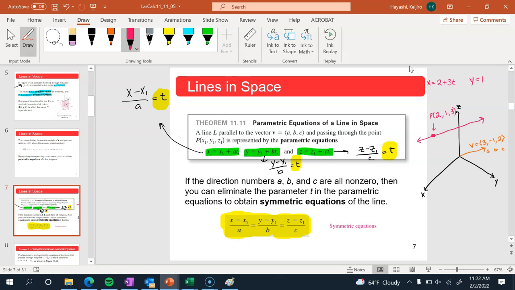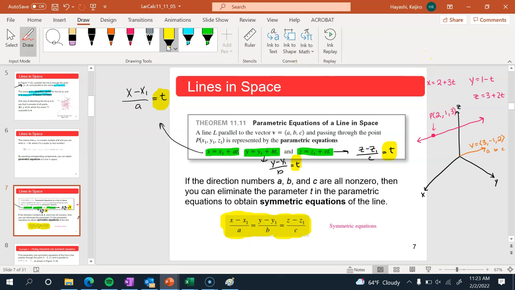And let me just talk more about that after this. y equals 1 minus t, because it starts at a y value of 1, and the direction vector says it moves -1 in the y direction. And z equals 3 plus 2t, because it starts off at a z value of 3 and it moves 2 in the z direction.